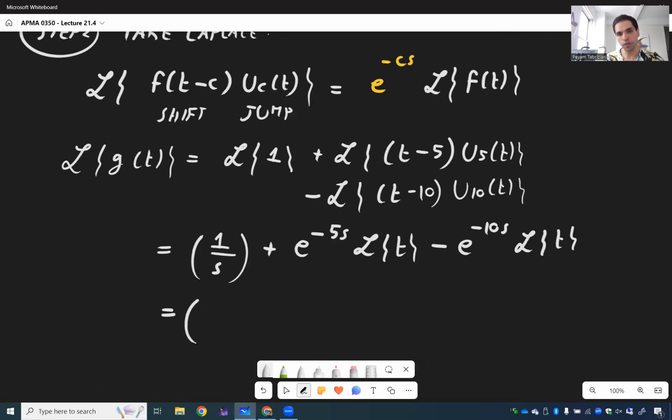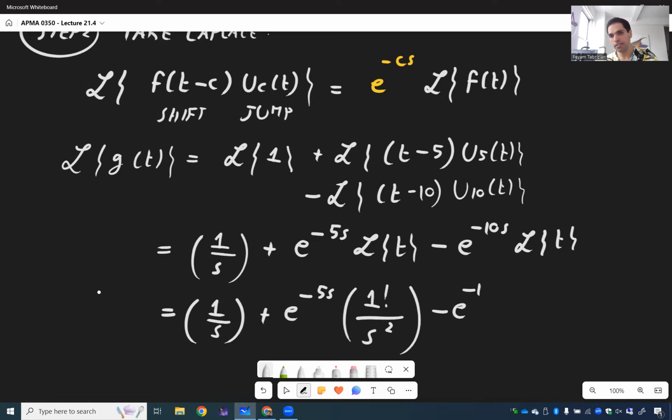And then this becomes 1 over s, and then e to the minus 5s. Remember, Laplace of t to the n is n factorial over s to the n plus 1. So here 1 factorial over s squared, minus e to the minus 10s, 1 factorial over s squared.